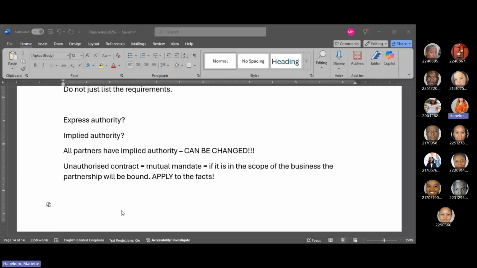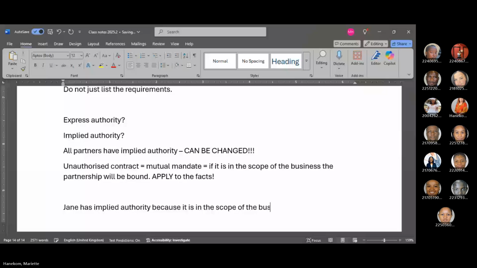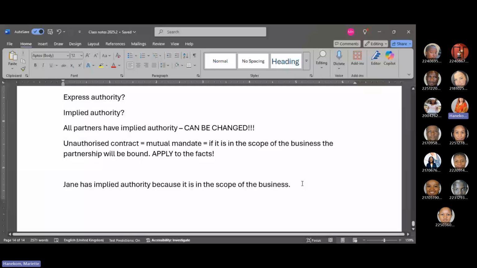Jane has implied authority. It is in the scope of the business. This is nonsense. She doesn't have implied authority because there was a partnership agreement which changed the rules of authority in the partnership.